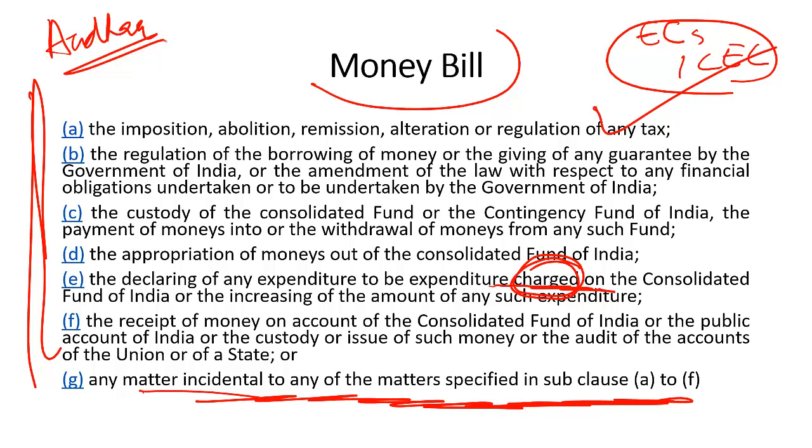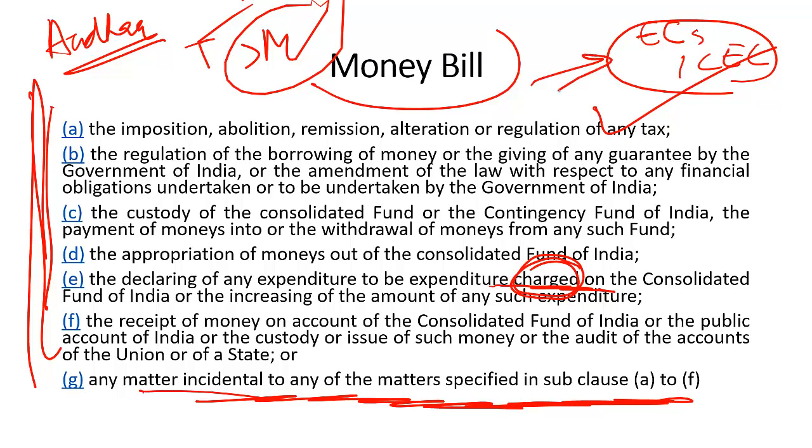Aadhaar also talked about the Unique Identification Authority of India. Aadhaar also talked about how the members and chairperson of UIDAI will be appointed. So Aadhaar did not only deal with money matters, it dealt with something else as well. So Aadhaar should have been a financial bill, or any other bill, but it should not have been a money bill, because it was not only dealing with the money matters under Article 110.